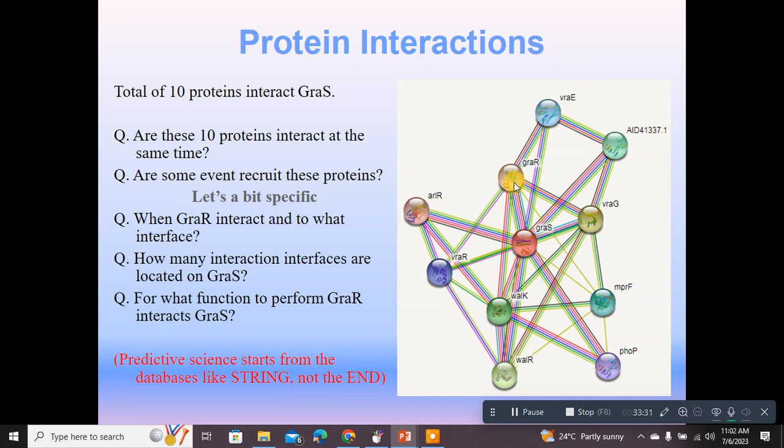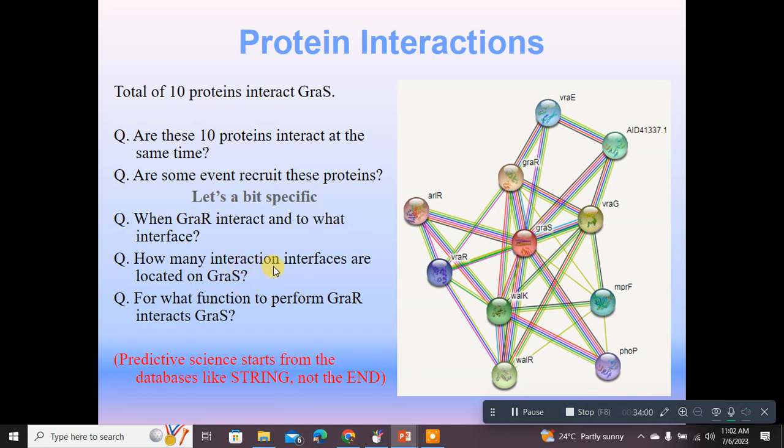For example, they are using this interface, this side, to interact here. So this protein also interacts with this one, VRAG. So what interface is used here? If the interface is the same for GRAS and VRAG, it means that they do not interact with these two proteins at the same time. So interface detection is very, very important.